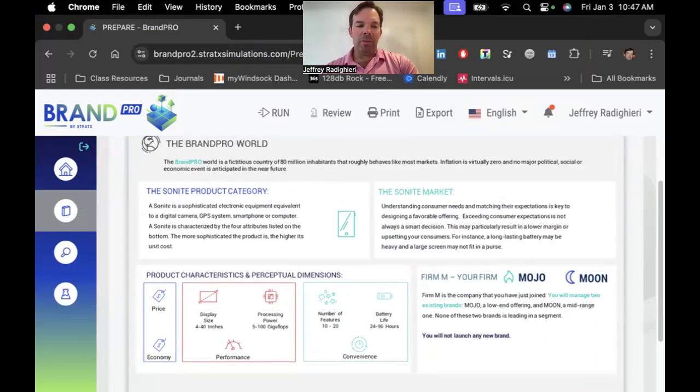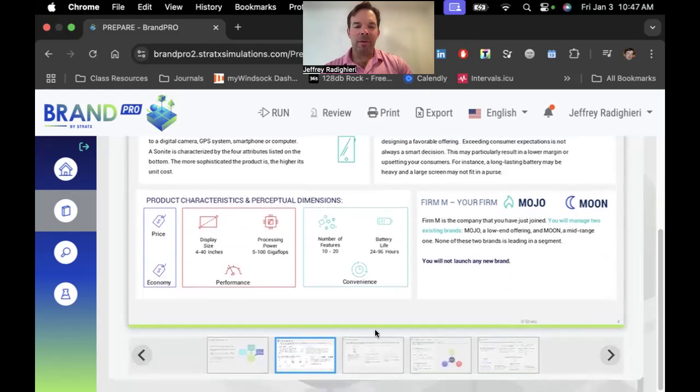And you're able to manipulate things like the price, who you target with this product. You can also manipulate the size of the screen, the processing power, the number of features available on the product, as well as how long the battery can last. Okay, so you'll want to understand your marketplace and offer products that they're wanting to purchase.